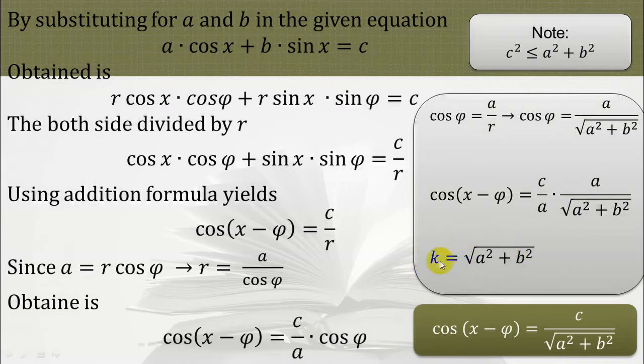So the formula for a cosine x plus b sin x equals c is cosine of x minus p equals c over the square root of a squared plus b squared, or c over k. But you need to remember that c squared must be less than or equal to a squared plus b squared, everyone.